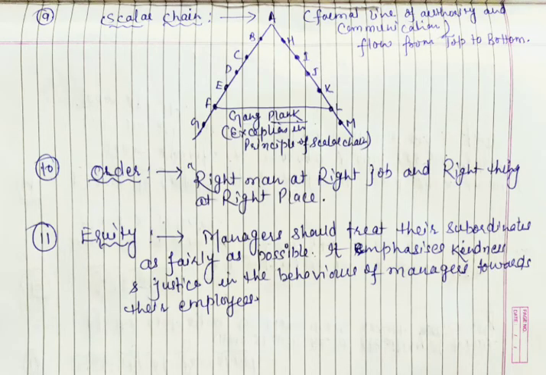The next principle is the principle of scalar chain. Now what is this scalar chain? Scalar chain is a formal line of authority and communication from top to bottom, as shown in the diagram. According to this principle, employees have to follow a strict path to communicate.